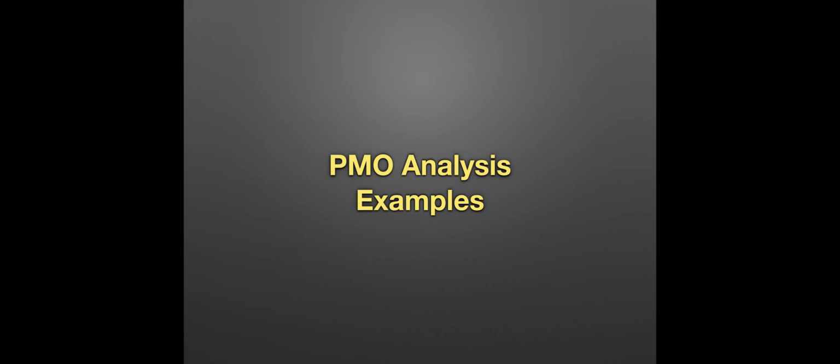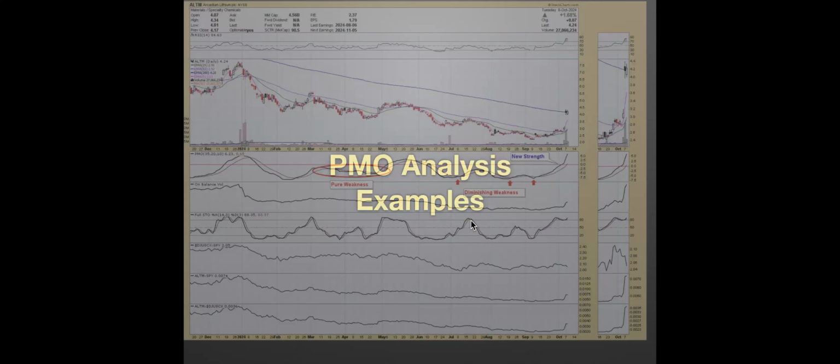I believe we're on Thinkorswim. But you can look it up, the PMO, and you should be able to add it to your charts. Like I said, for sure, we've been associated with stockcharts.com for years, so all of our indicators are on stockcharts.com. So let's look at a couple of examples here.